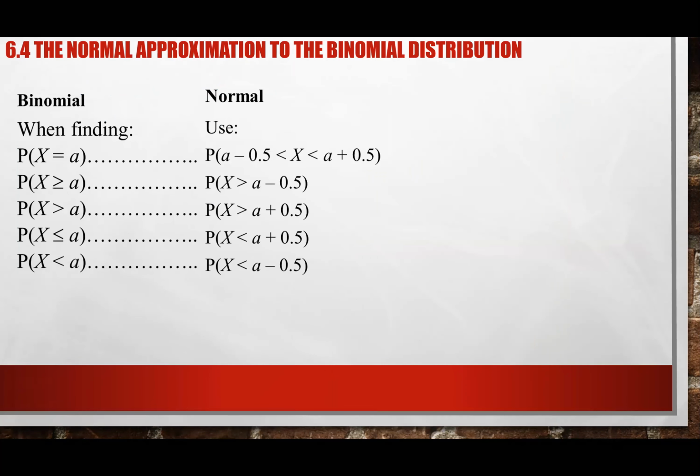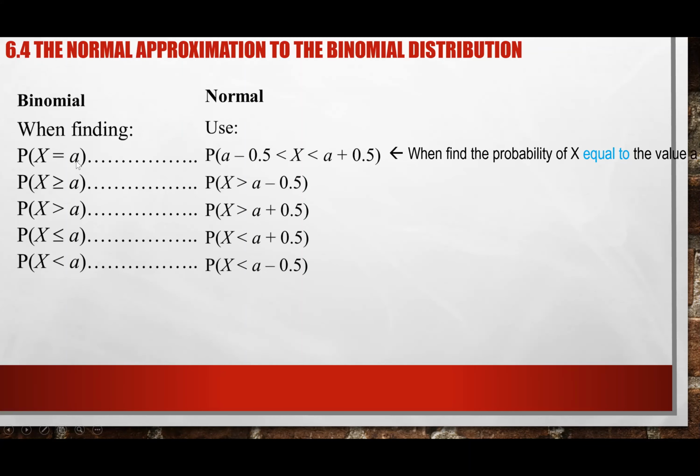So this slide here is kind of like your note card, your cheat sheet, right? This is what they tell you: if your binomial distribution is finding the probability of X exactly equal to some number A, then to use the normal to approximate that, you have to take A minus 0.5 and A plus 0.5 so that you can include that X number, okay?